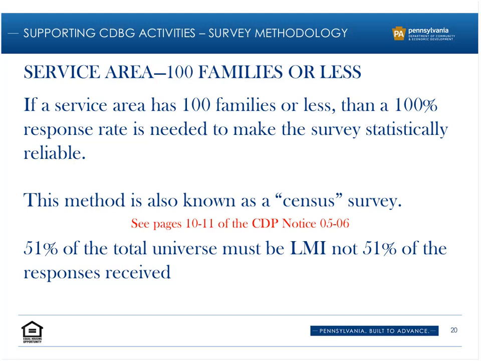DCED's policy is if you have 100 families or less, you are going after 100% of them. But I know in the past some communities wanted to do 100% census surveys in their community so that they could break up portions by their responses without having to go back and resurvey. So it's very important, if you decide to do 100%, to look at pages 10 and 11 of the notice.